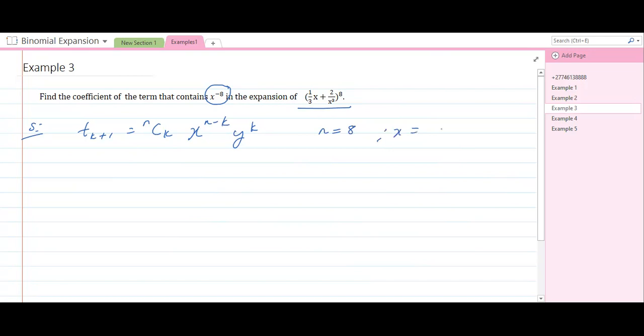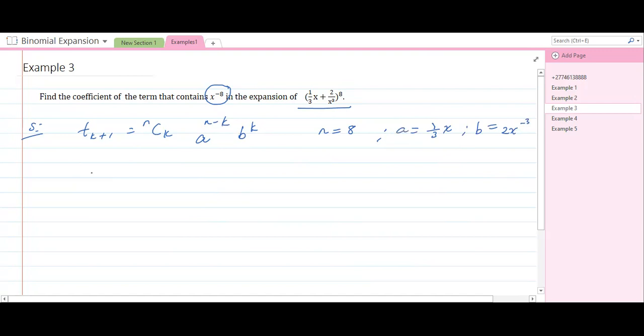We should actually not use x and y, let us use a and b. So we can say this is a and this is b, where a is equal to 1/3 x and b is equal to 2x to the power minus 3, because that's 2 over x cubed.